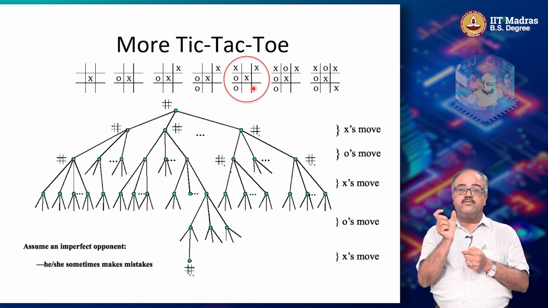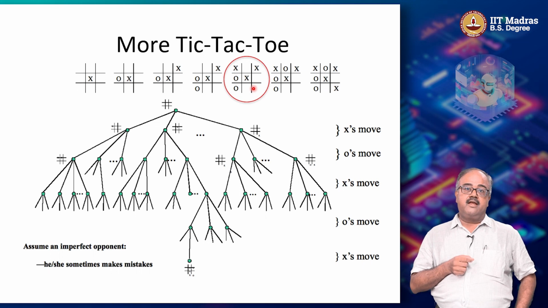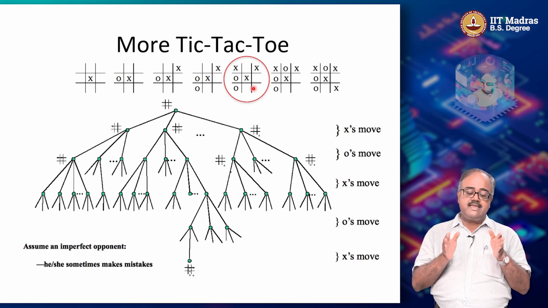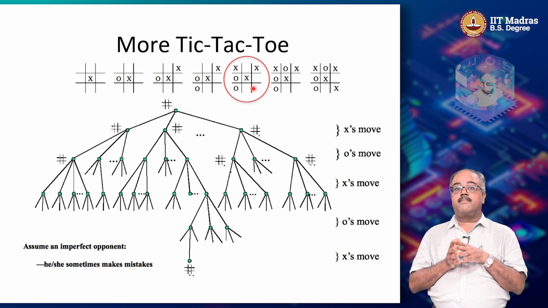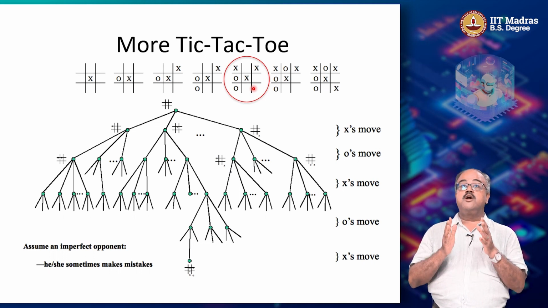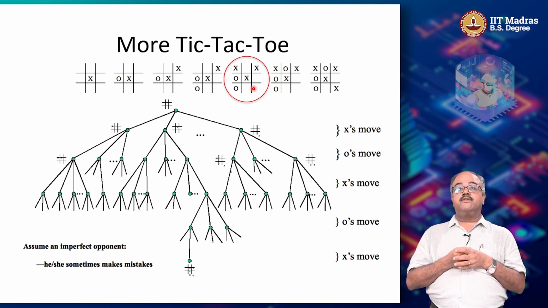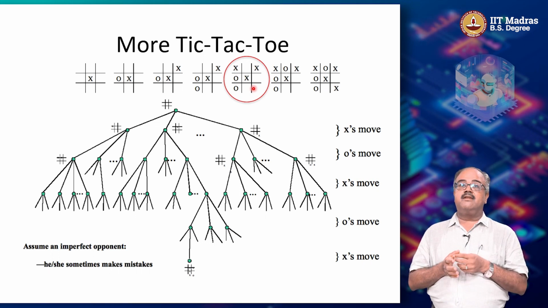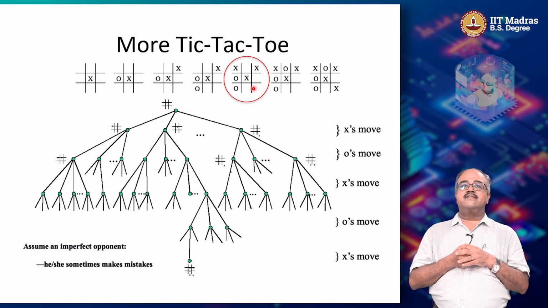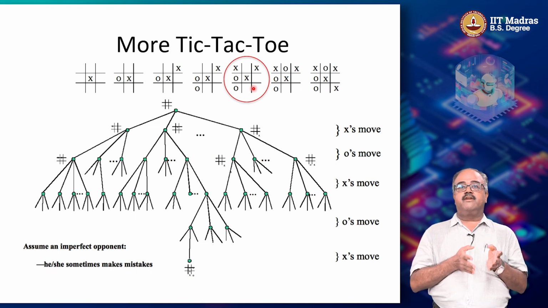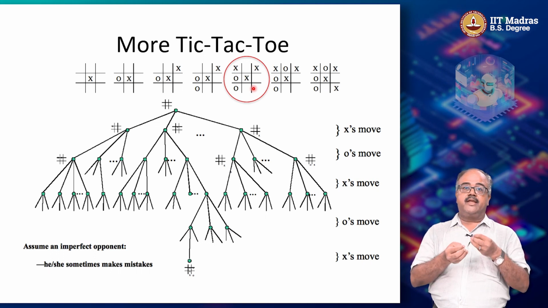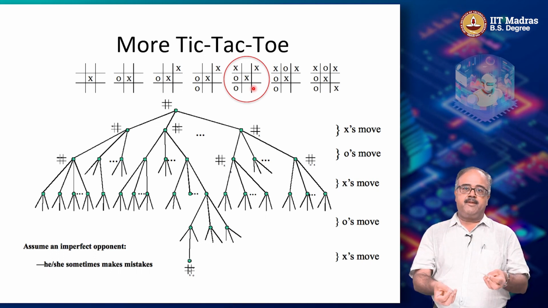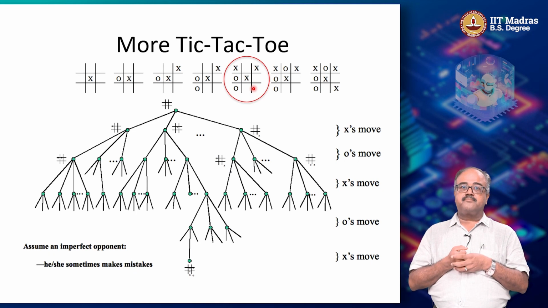Because I'm using the difference in the probabilities of winning at time t and t plus 1, these kinds of approaches are called temporal difference approaches, or TD. Remember, I was telling you the backgammon player was called TD-Gammon in the last lecture. So that's essentially where this comes from. So temporal difference learning is the idea that you can use the predictions of winning from time t and t plus 1 in order to make the changes in the probabilities.